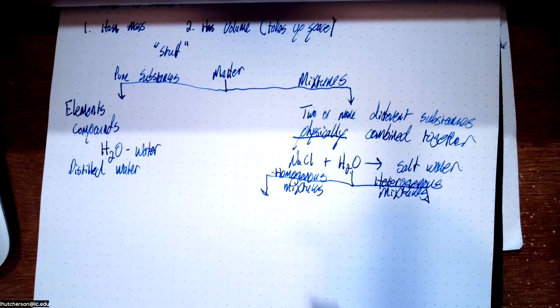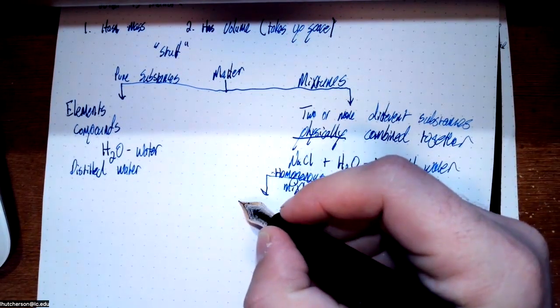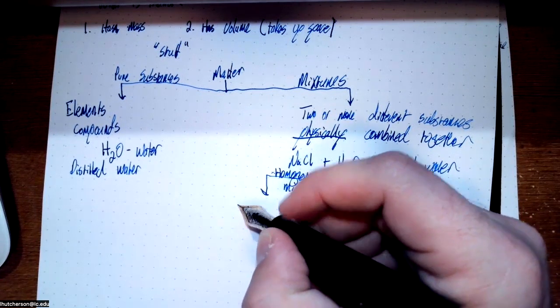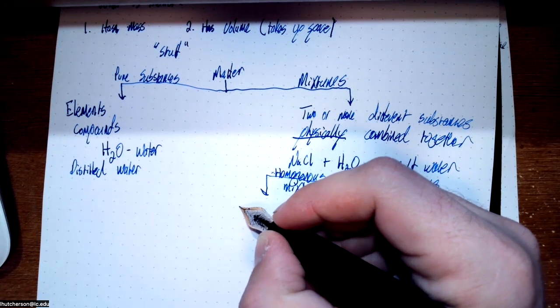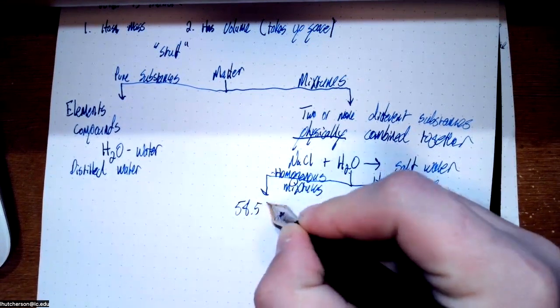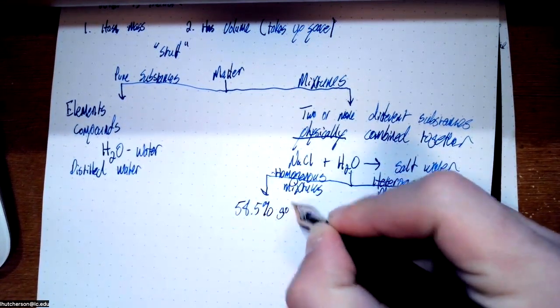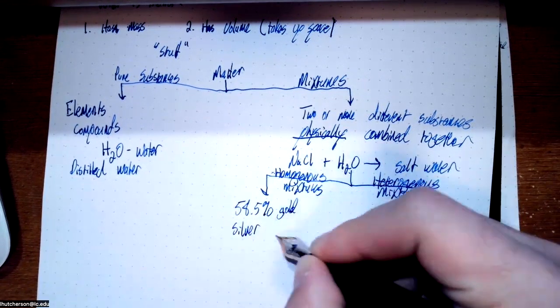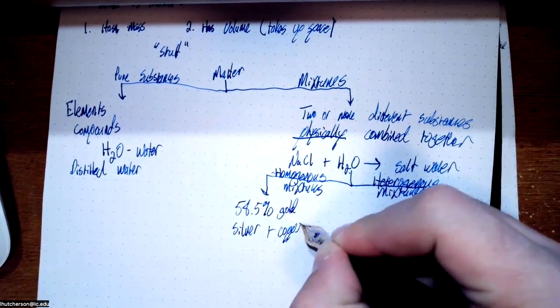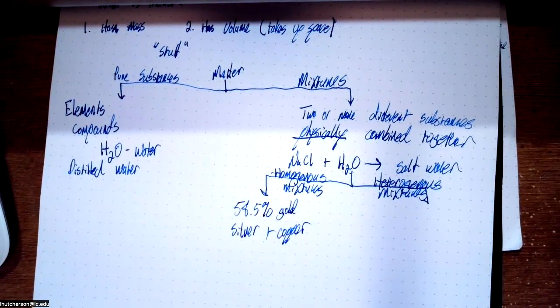Okay, 14 karat gold is a homogeneous mixture, and it consists of 58.5% gold, and then the rest is typically silver and copper. Now, what ratios on those depends. That's a whole subject in and of itself. But anyway, this is a mixture of gold, silver, and copper.